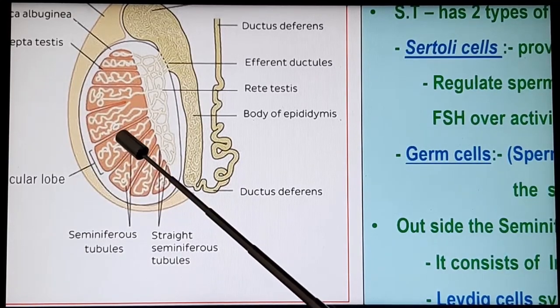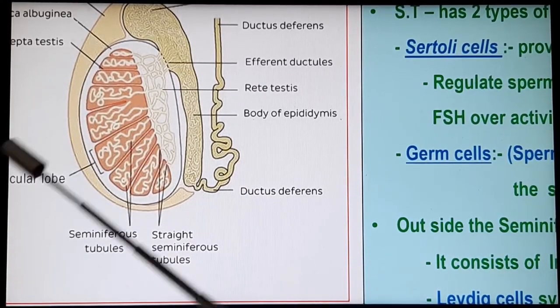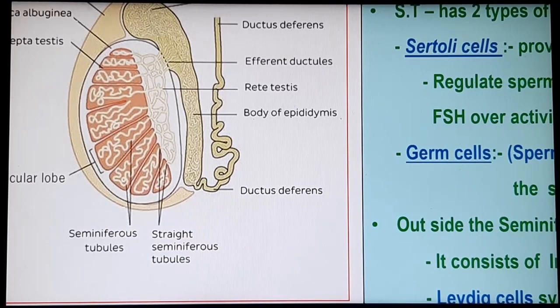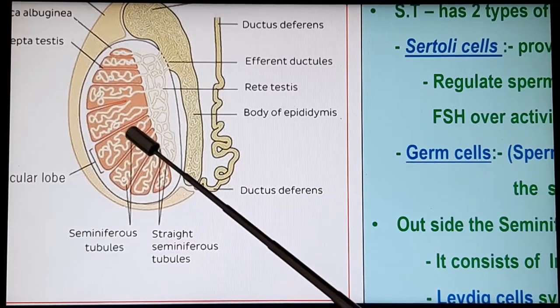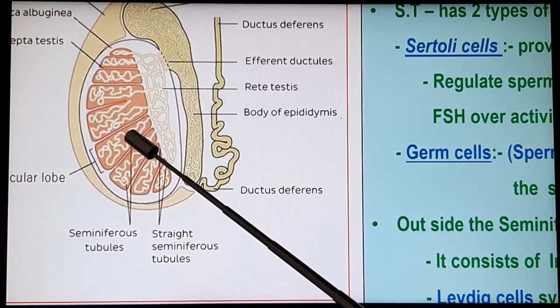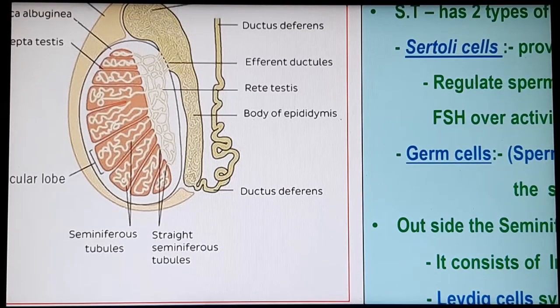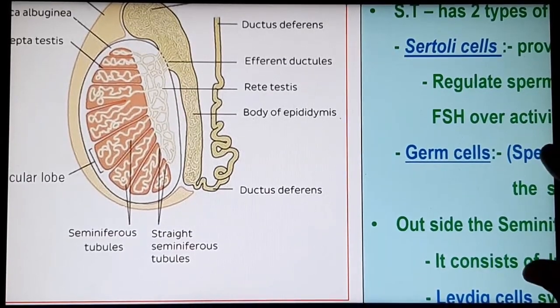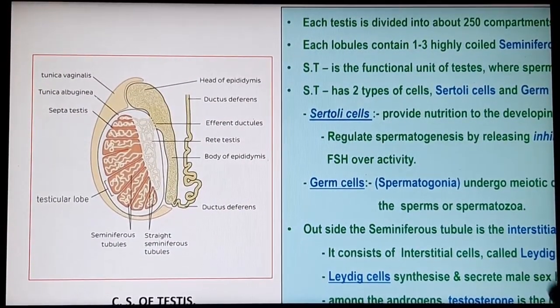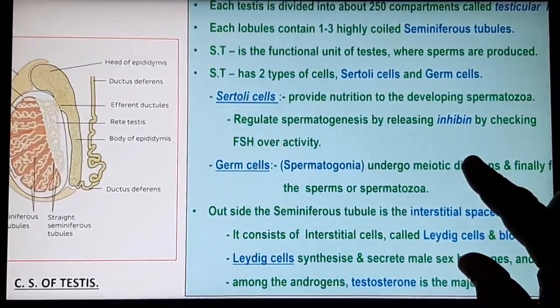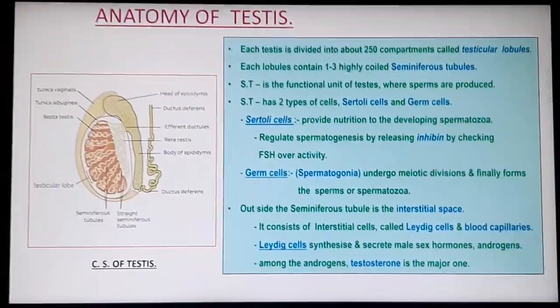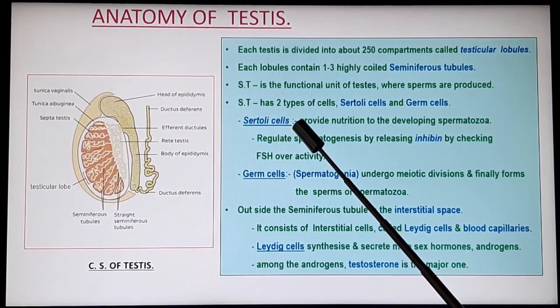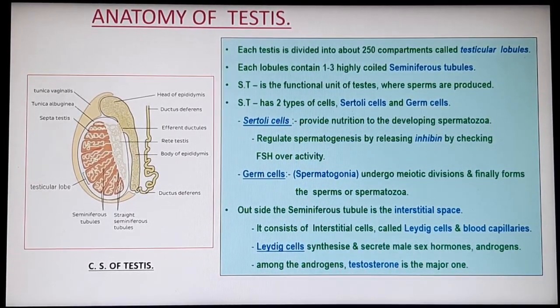If you take a cross section of this seminiferous tubule, we can see two types of cells are present inside it, and between two seminiferous tubules is the gap or the interstitial space. The two types of cells are the Sertoli cells and germ cells.